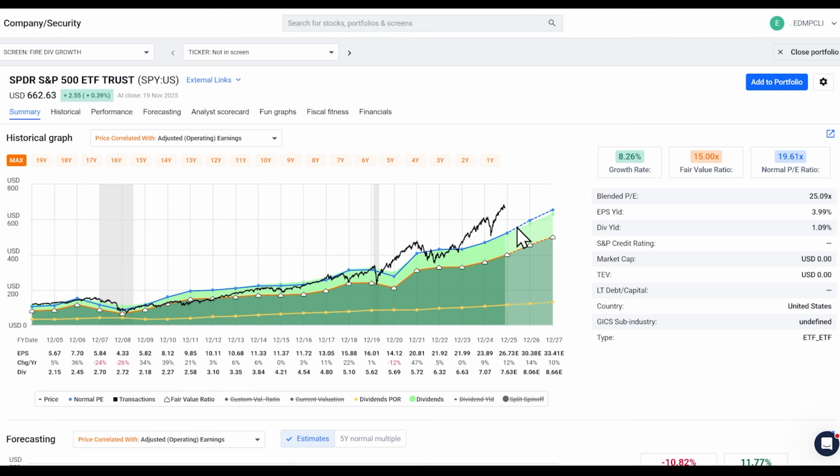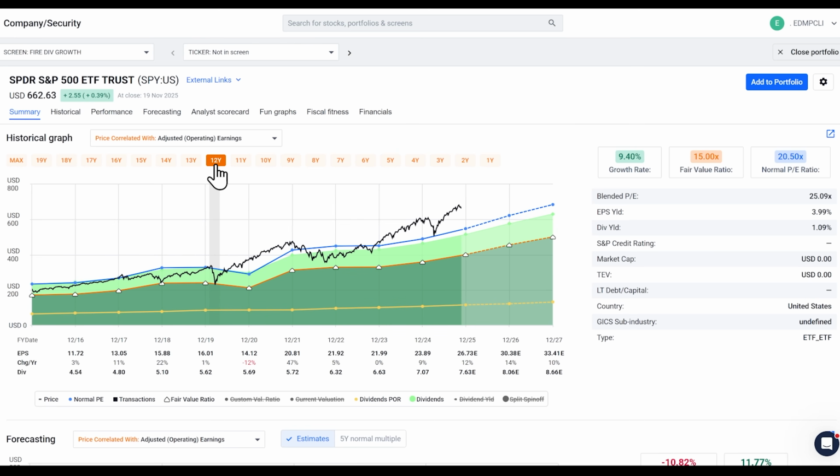So we're looking at an index here that trades at fair value between 15 and 19. The 15 PE is more of a margin of safety line, if you will, that gives you a modicum of safety. And the blue line would be a full value line, but with a much lower earnings yield, in the case of almost a 20 multiple, 19.6. By the way, especially the normal PE, it will change if I change time frames, but only slightly.